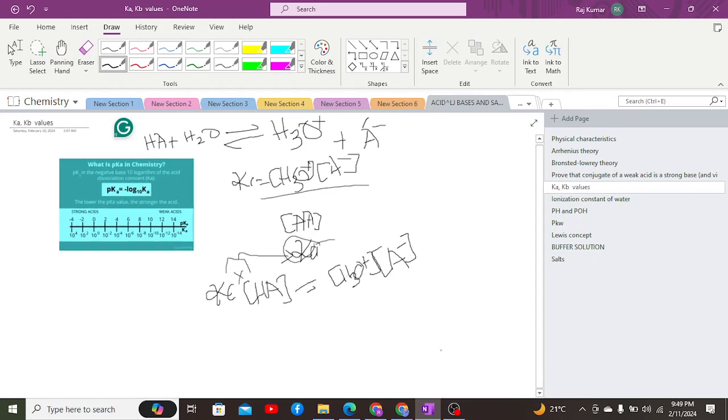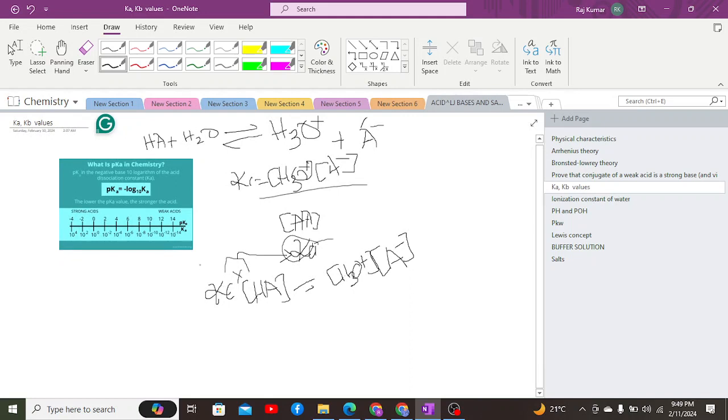Moreover, when we write Ka instead of Kc into HA, it becomes Ka equals H3O+ times A negative, over HA. This is the concept behind Ka: Ka is equal to Kc into HA. Now, what does it actually and conceptually indicate?